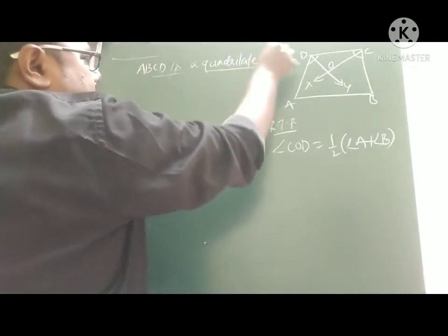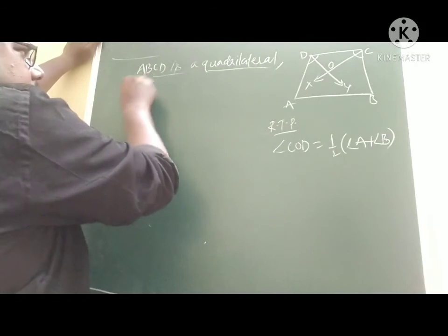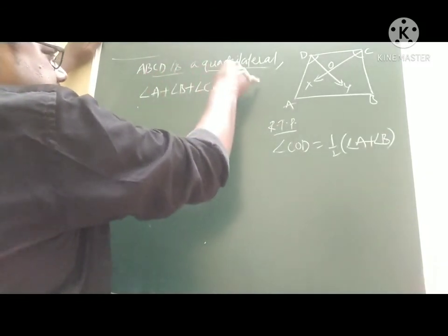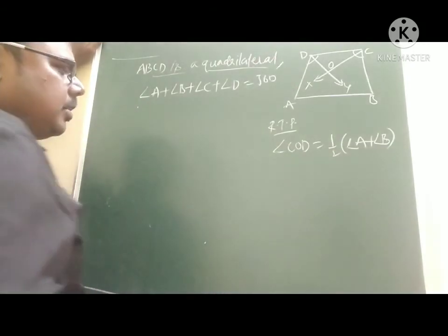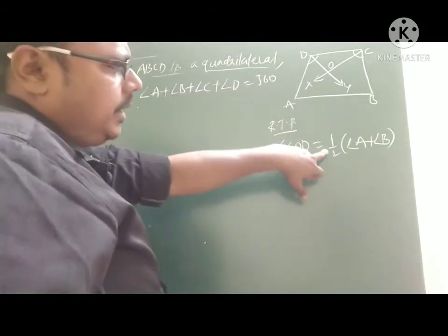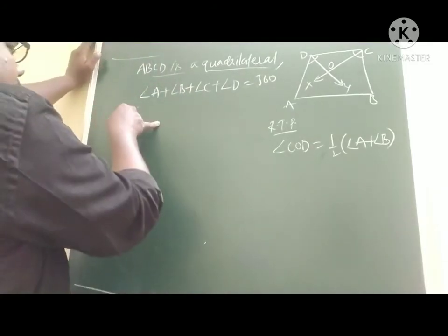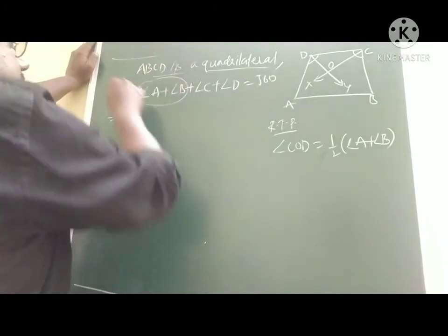So in a quadrilateral, as per the angle sum property, what we can write, angle A plus angle B plus angle C plus angle D is equal to 360. So here, we need to get half of angle A plus angle B. So here what I am going to do, I am going to transpose this part to that side.